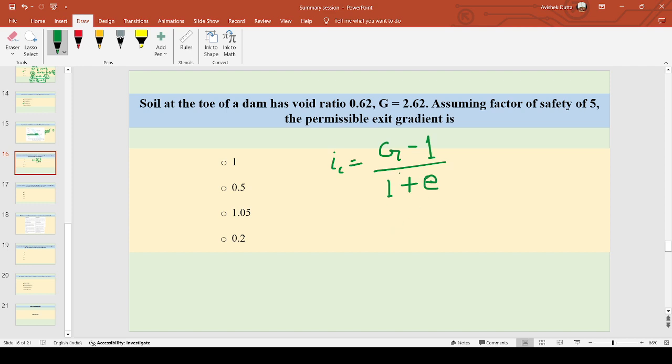G minus 1 by 1 plus e gives us 2.62 minus 1 divided by 1 plus 0.62, which gives us 1.62 by 1.62, which is 1.